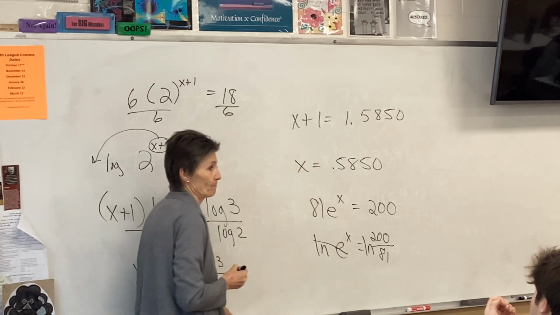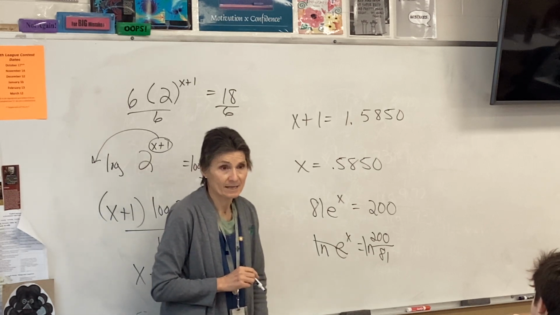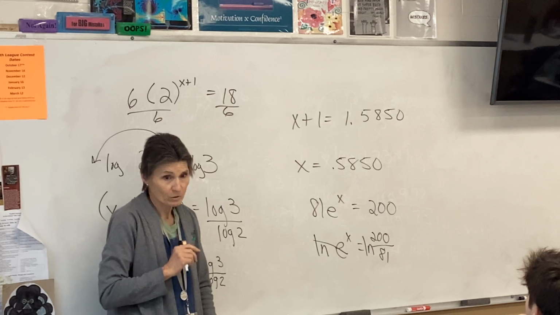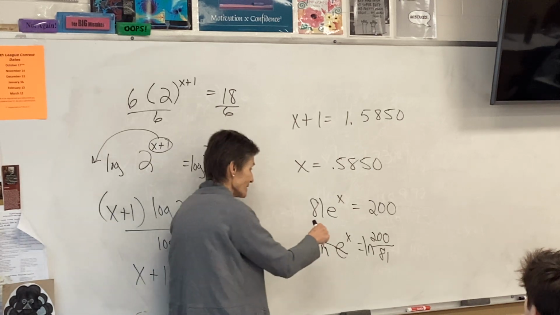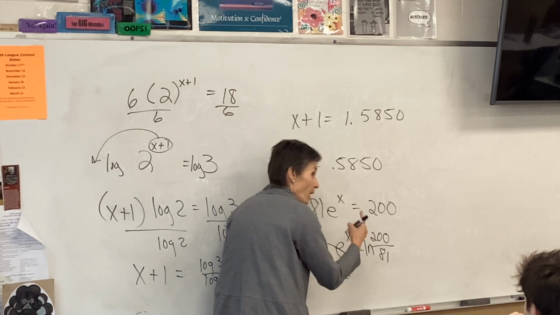See this right here? ln e cancels. Every time you have an ln and an e touching each other, they're gone. They're inverses of each other. So what is left on this side of the equation? x, which is what you want.